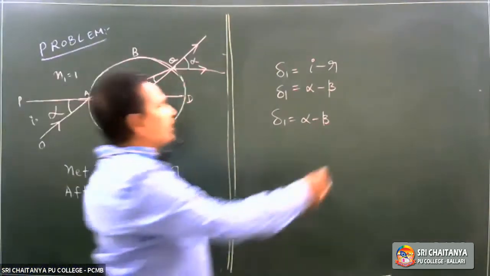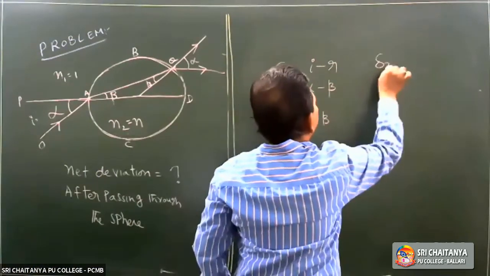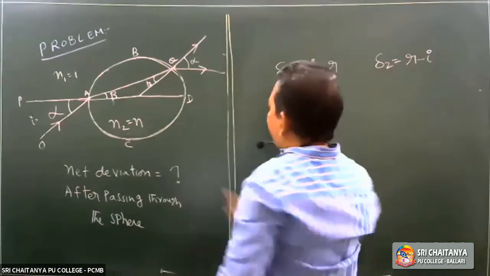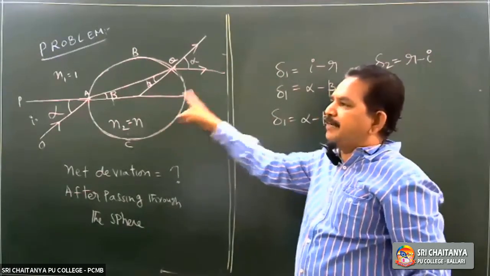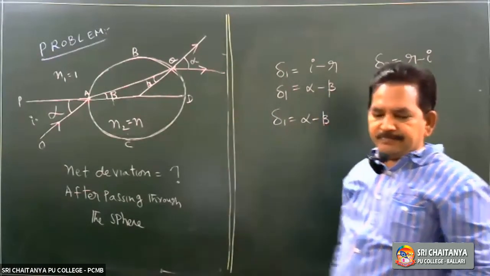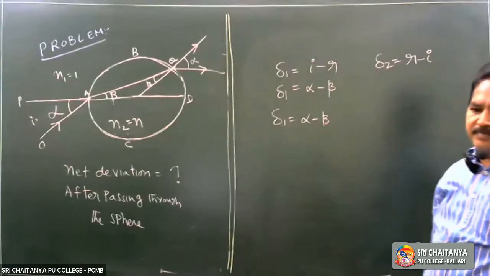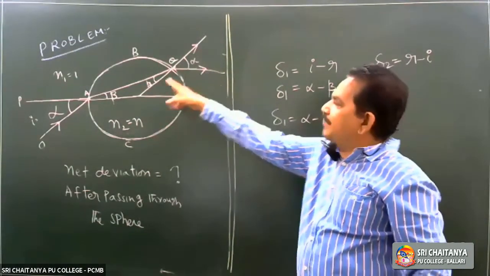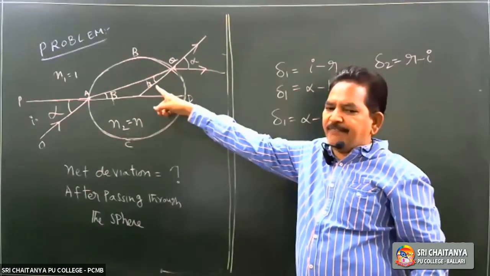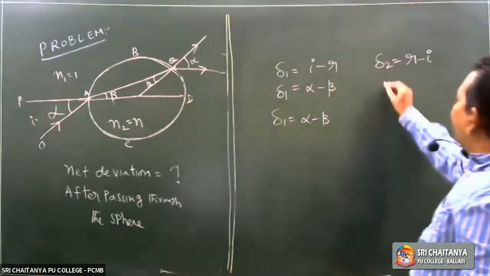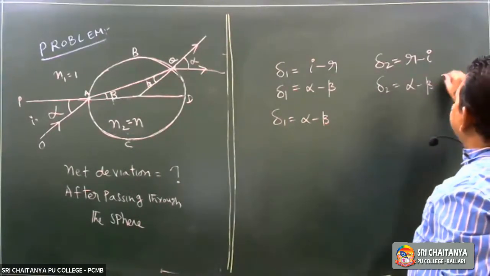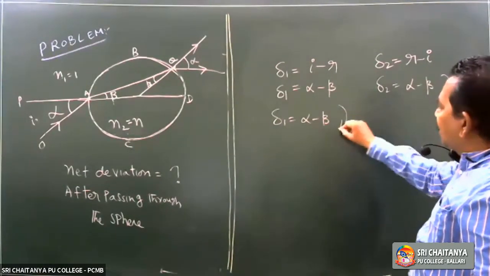So delta 2 is equal to R minus I, because the light ray is traveling from denser medium to rarer medium. R value alpha, I value beta, at the second surface. So delta 2 is equal to alpha minus beta. This is also clockwise.